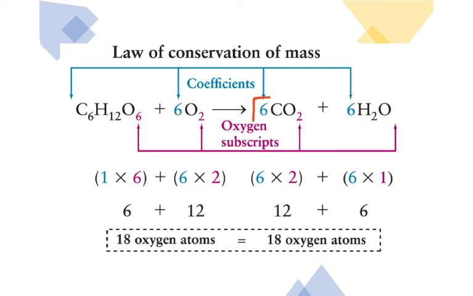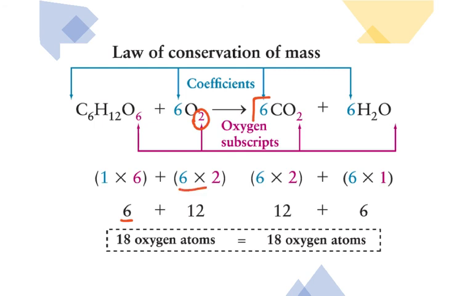So let's just focus on oxygen here, right? And we can see how many oxygens are on either side. This glucose molecule has 6 oxygens in it. So we can just write 6 for that. The oxygen molecule has 2 oxygen atoms, but we have 6 of the oxygen molecules.